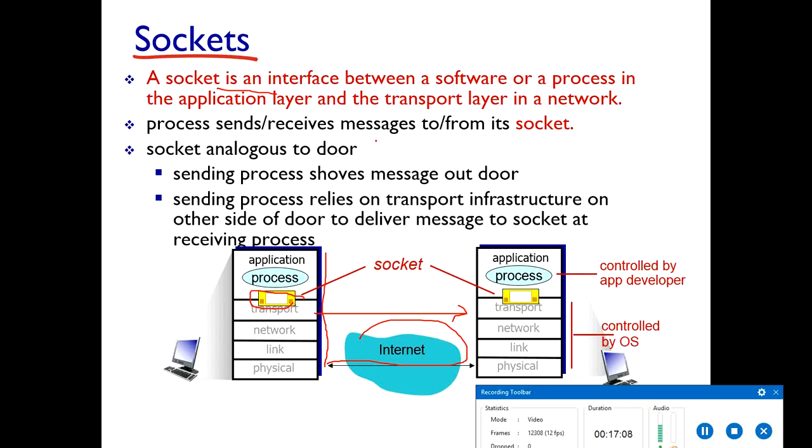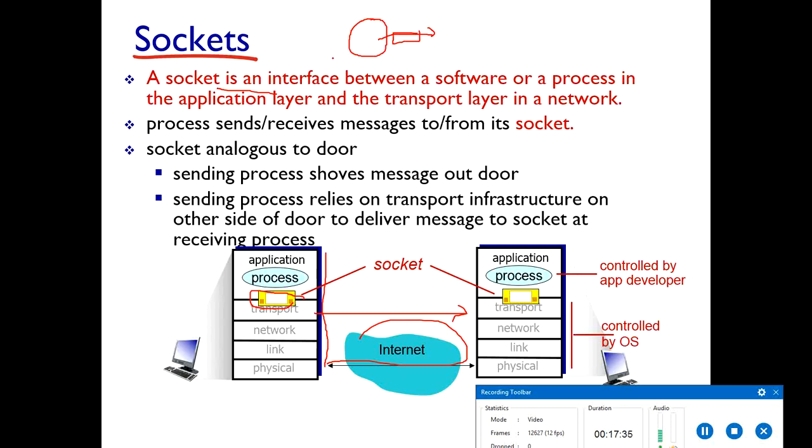So when a process wants to send a message to another process on another host, it shoves the message out of its door. So, for example, in your house, if anyone wants to enter into your house or leave your house, they must pass through that door. So similarly, a socket is just like a door in the application layer.